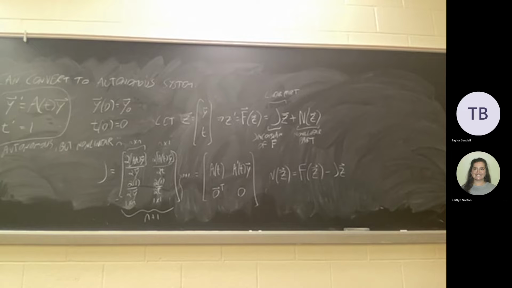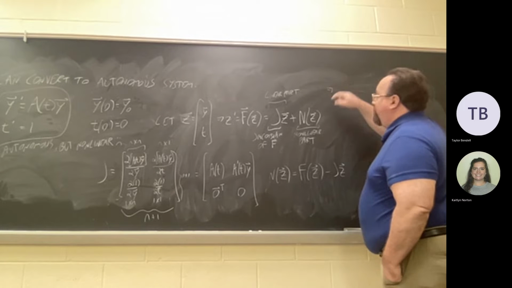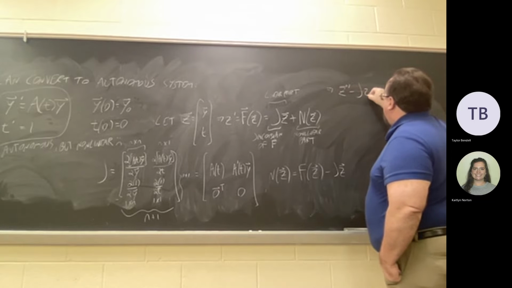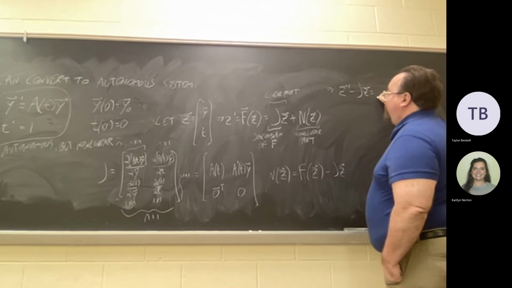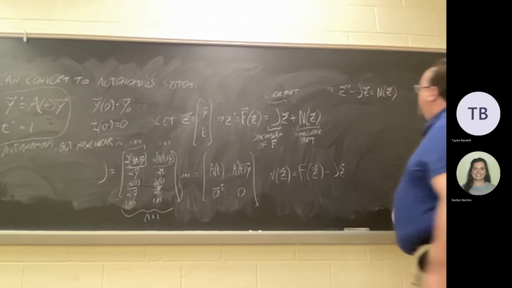If you're able to break down your system of ODEs into the sum of a linear part and nonlinear part, you can get at least a solution formula. Because now what I can do is rearrange it. Z prime minus Jz is equal to the nonlinear part.